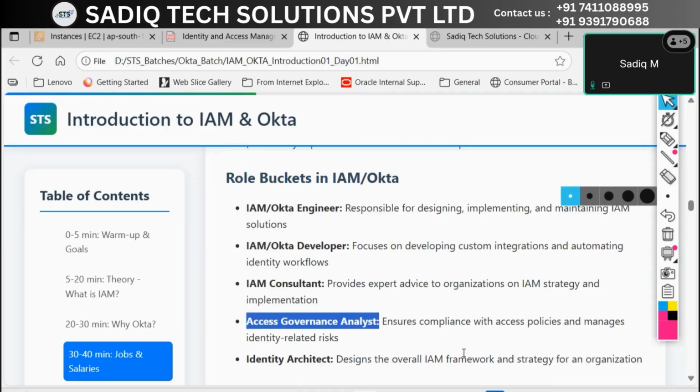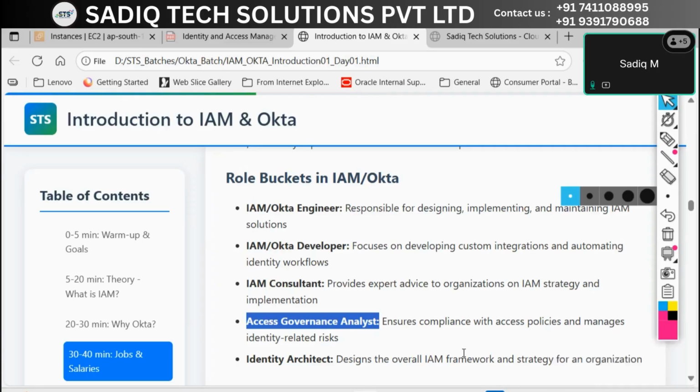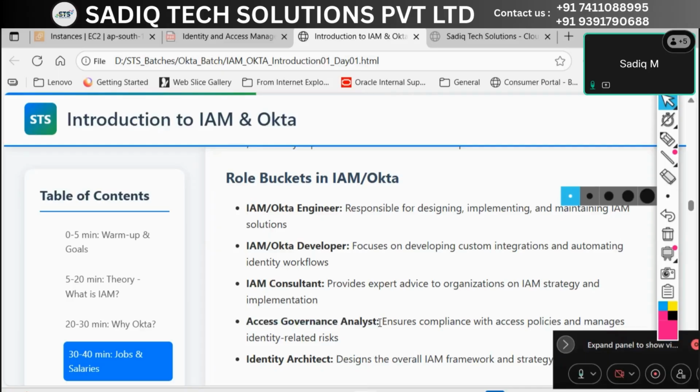He identifies the related risks also whenever they implement the IAM solutions or whenever they come up with a new IAM approach. So all these will be taken care of by the access governance analyst, right? So that audit part is also very crucial. And this guy also makes more money.